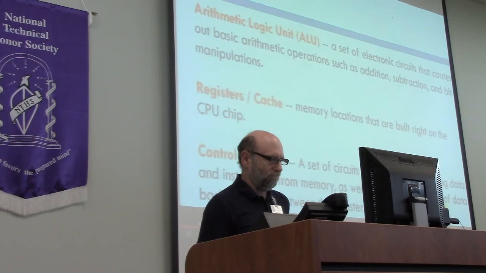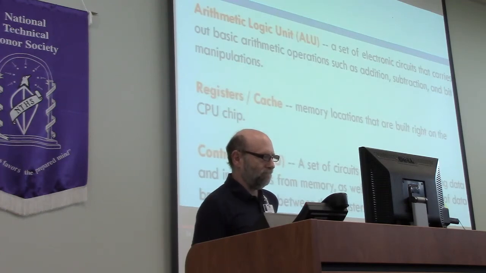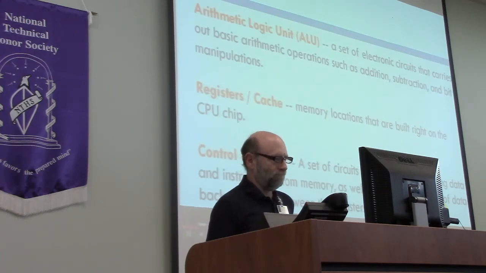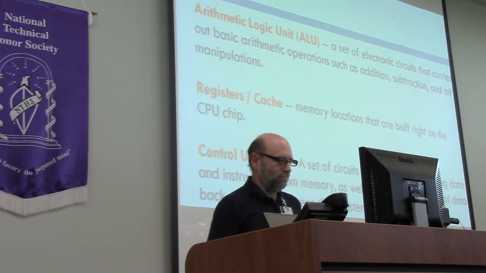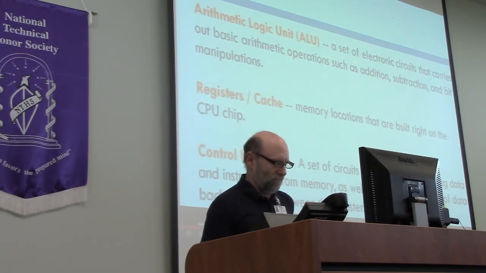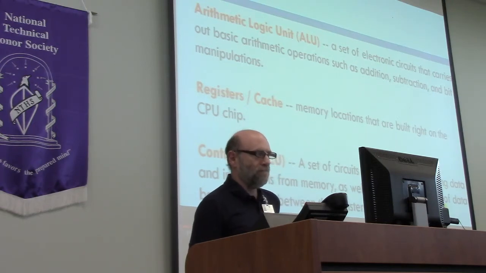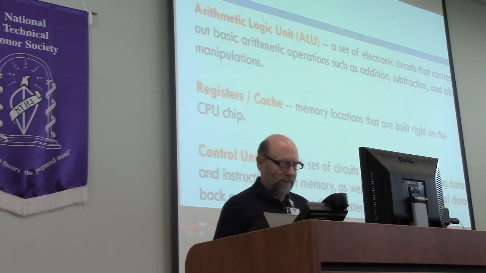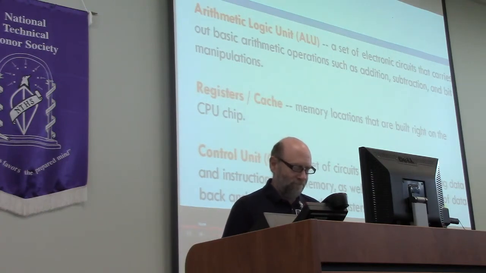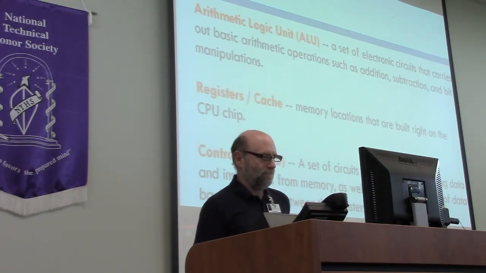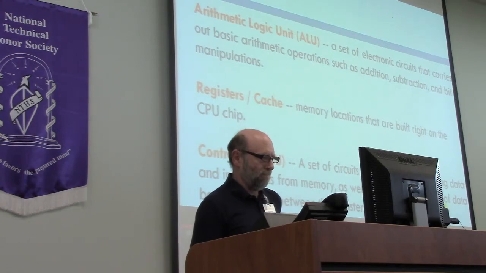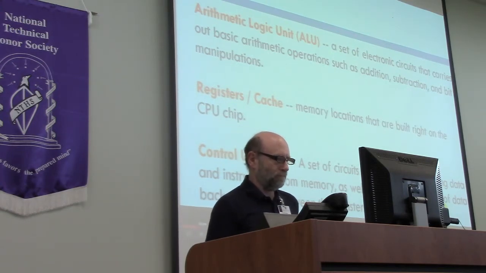In the ALU, a lot of calculation is done. That is the part of the calculation, every single calculation in your CPU. And the registers and the cache are in the memory. The memory location is built right into your CPU chipset. And it is really fast. It's not like your DDR2, DDR3 memory.